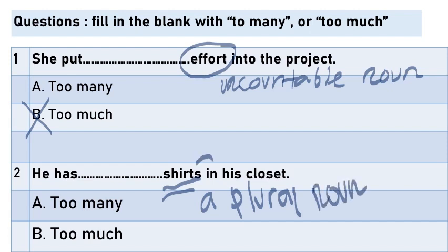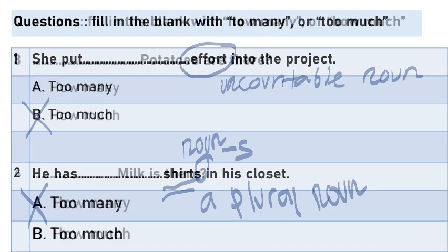Because you have to add the s after the noun. So which one is the correct one? A or B? What is the keyword for countable noun? The answer is A, too many.